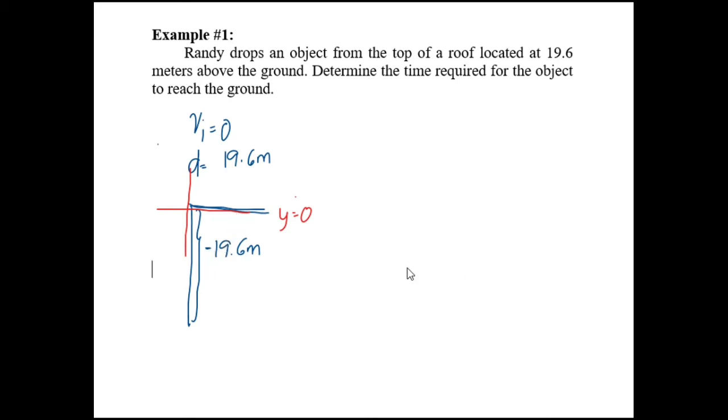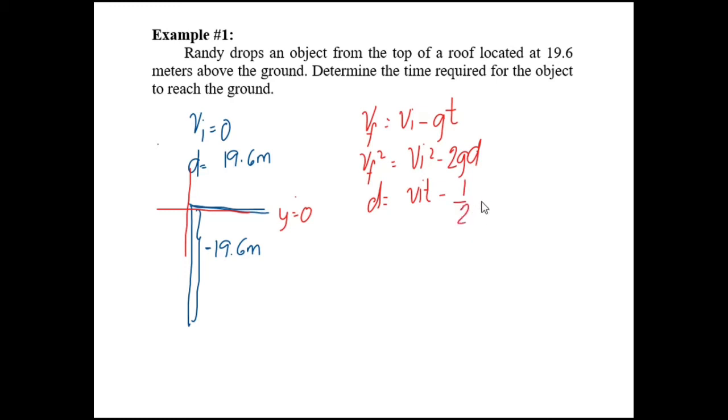So let's now try to solve this one. We are looking for the time required for the object to reach the ground. So let's check which of the equations we can use. Can we use Vf equals Vi minus gt, or Vf squared equals Vi squared minus 2gd, or d equals Vit minus 1/2 gt squared?